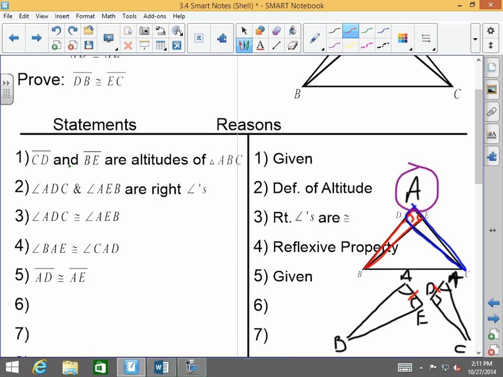Now, looking at the separated triangles that I in a very ugly fashion created, but nevertheless created, what do we know about triangle AEB and triangle ADC? They're congruent. Why, my brother? That's exactly correct. So triangle ADC is congruent to triangle AEB because of angle, side, angle. Excellent.